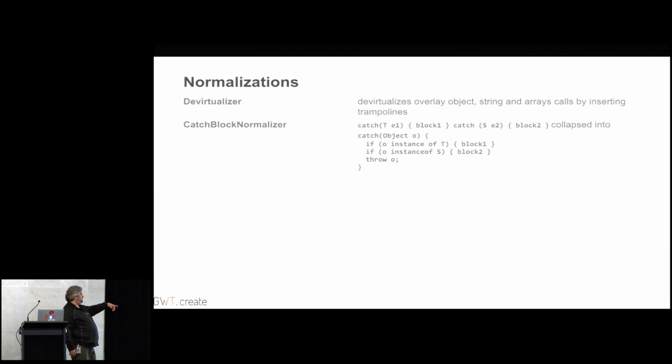Instead of object it should be throwable, but this doesn't need to be a completely legal Java program at this point. So we do that transformation in which we flatten the catch, and we do it by doing instance of checks.